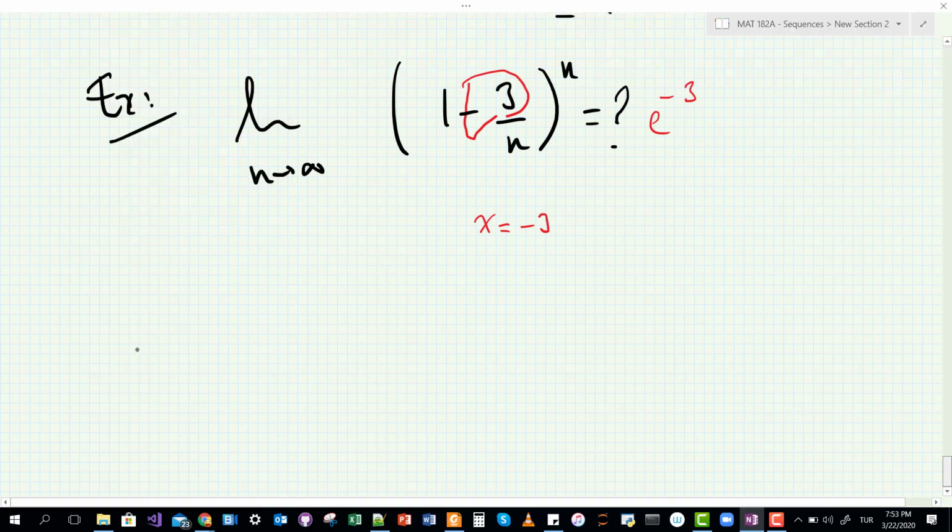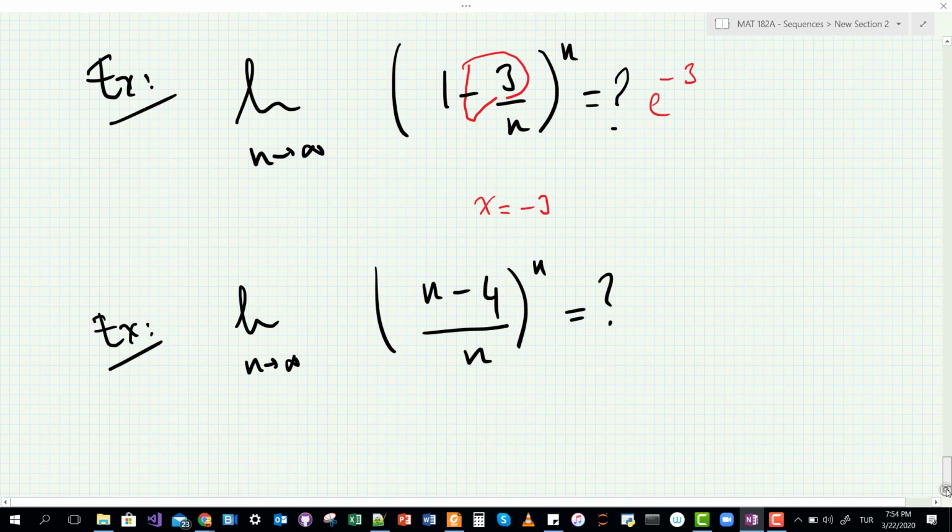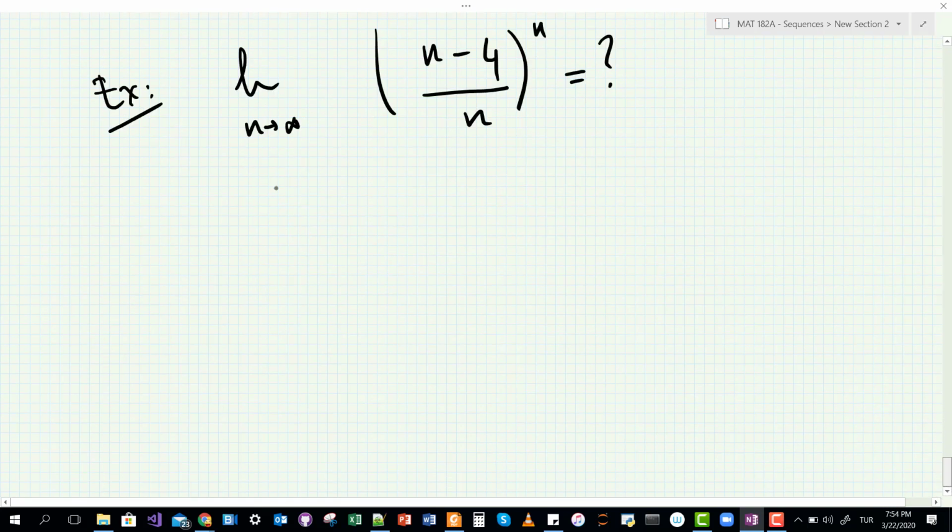But look at this example, which is similar to this one, but there's a special thing here. You need to see that. n minus 4 over n to the n. So I have the power of n, and then I have some other things around. But I'm thinking I can use the same rule, right?